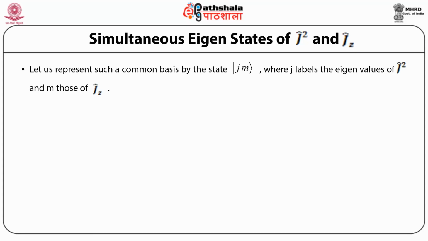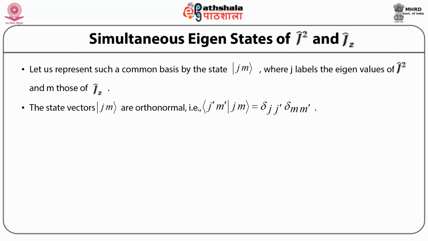Let us represent such a common basis by the state ket |jm⟩, where j labels the eigenvalues of operator J² and m represents those of operator Jz. The state vectors given by ket |jm⟩ are orthonormal. That is, the scalar product ⟨j'm'|jm⟩ = δjj' δmm'.